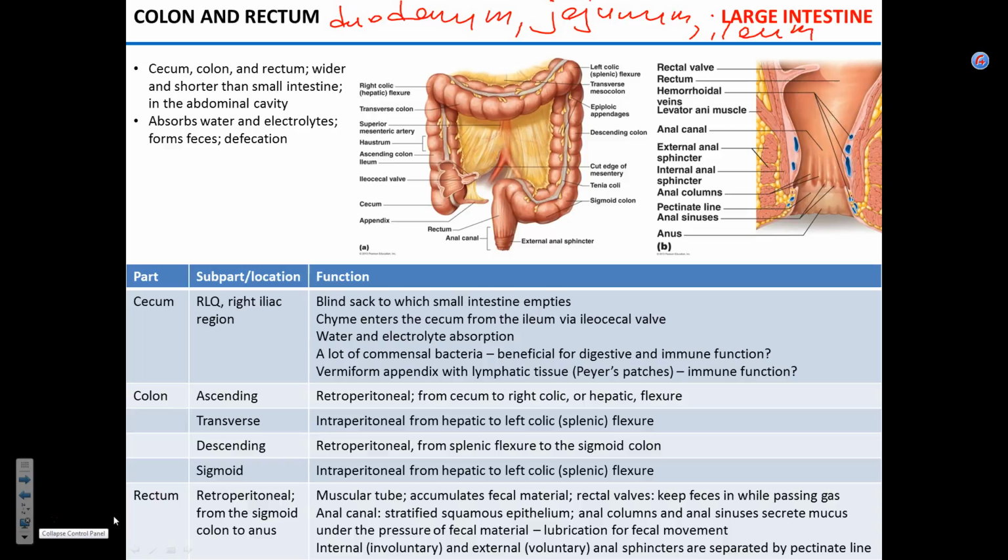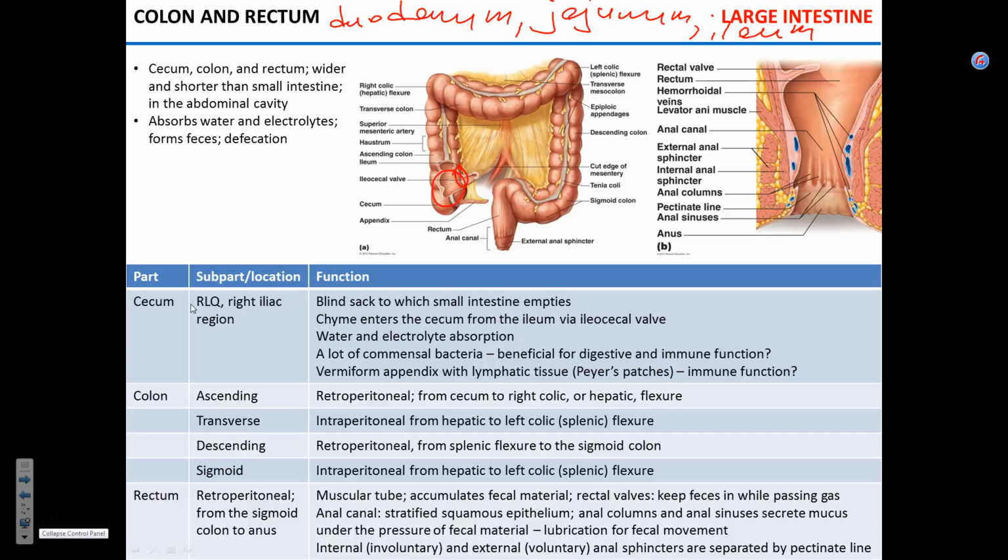So the ileum is the last stop before you leave the small intestine and enter the large. And they are separated, small and large intestine, by the ileocecal valve. That makes sense? I'm gonna do the walk through this large intestine, and we will leave through the anus.